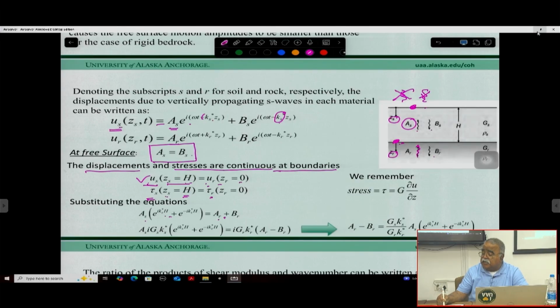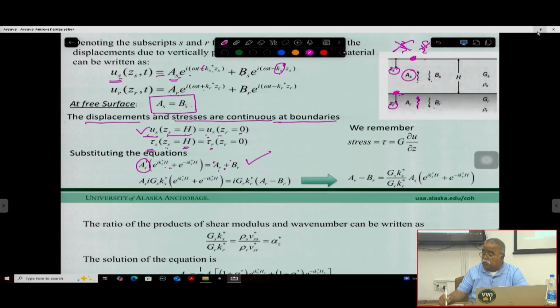So put that Z value 0, so it will be A_R plus B_R, and here it will be A_S, because A_S is already equal to B_S, so we can take common, so this will be like this. And if I take the tau values here, similarly A_S equals B_S, so tau is basically the differentiation of dU_S by dZ, so if you can calculate that, then this is another boundary condition for this part.